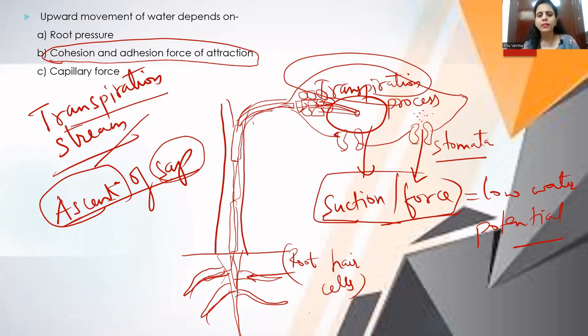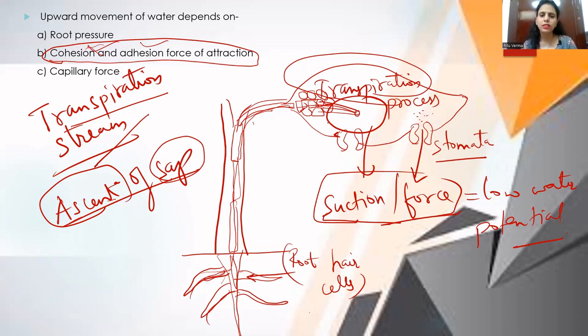As one or a few water molecules move outside, other water molecules present in the xylem vessels also move out because of the cohesion and adhesion forces of attraction. Hence all the water molecules from the root start moving in the upward direction in the stem, and from the stem through the xylem vessel and finally to the leaf.